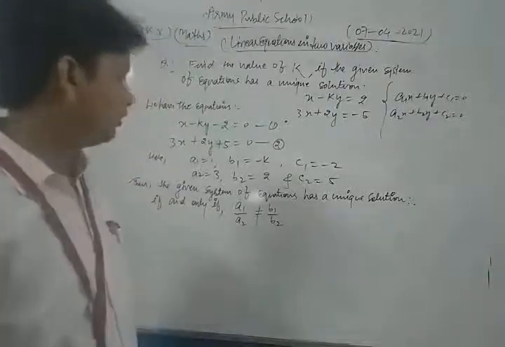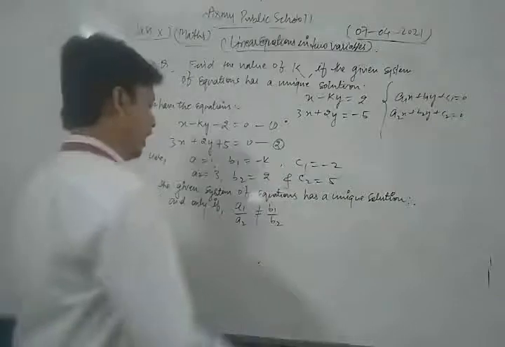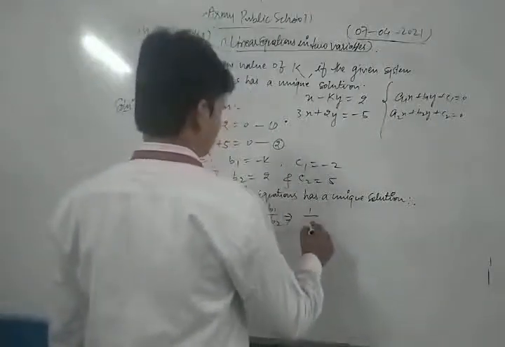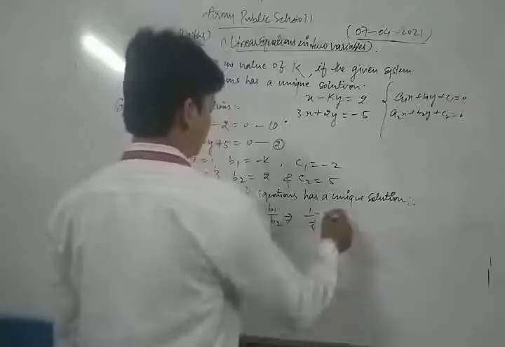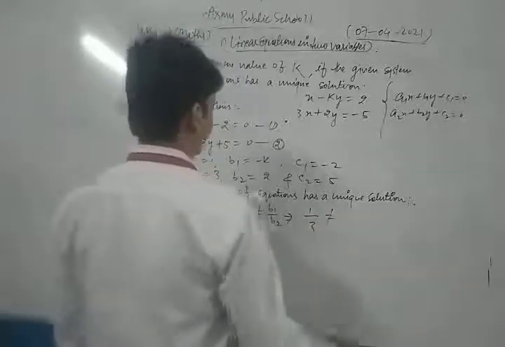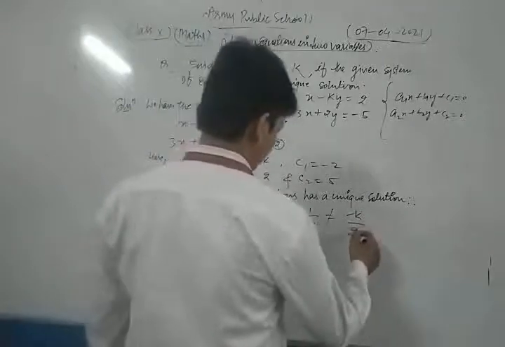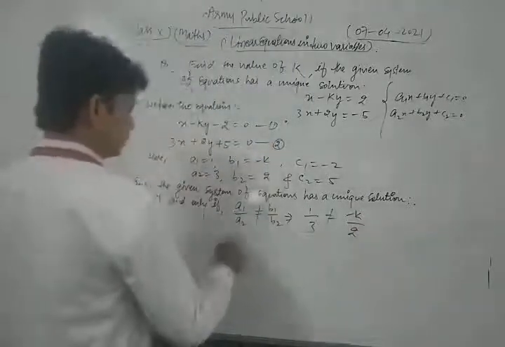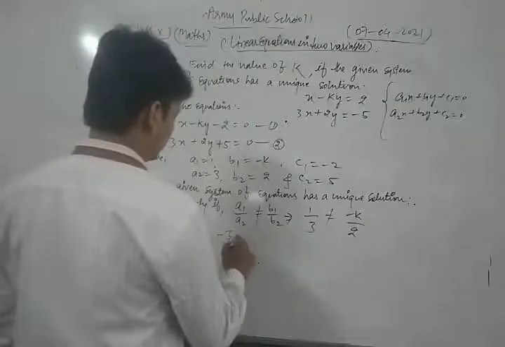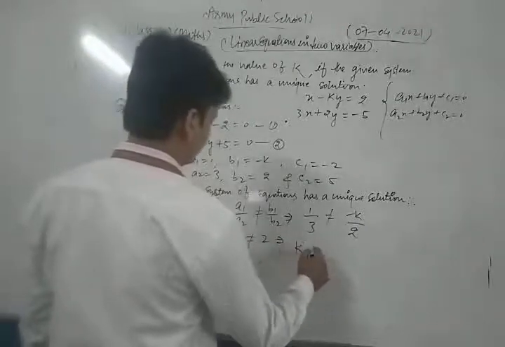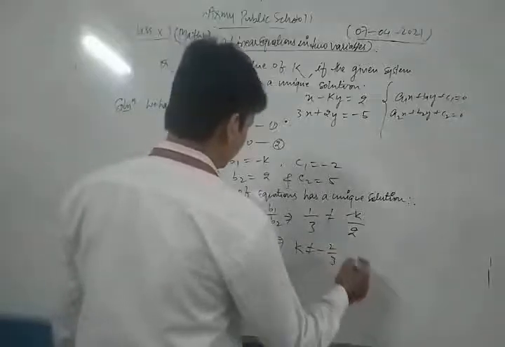Now we put the values of a1, a2 and b1, b2. That is, the value of a1 is 1 upon a2 which is 3, not equal to the value of b1, minus k, upon b2, which is 2. Now we do the cross multiplication. So this is minus 3k not equal to 2, that is, the value of k is not equal to minus 2 by 3.